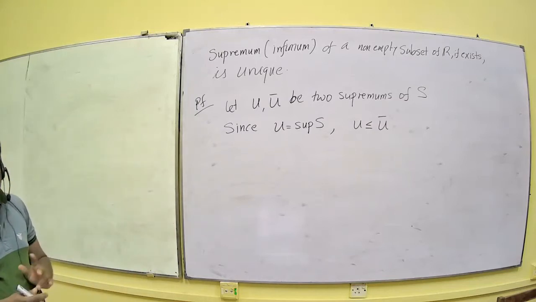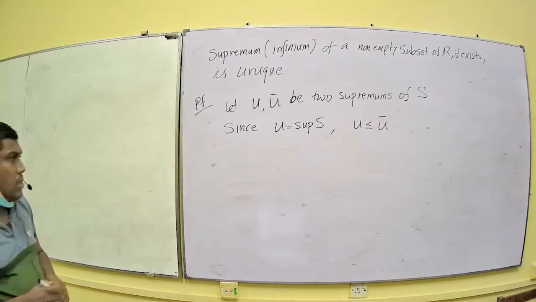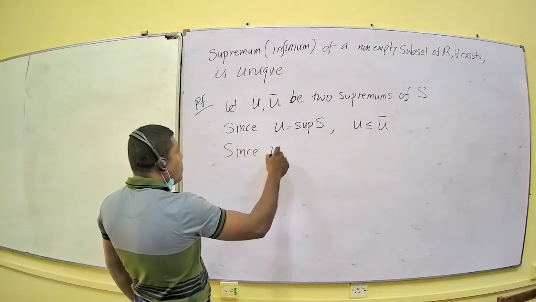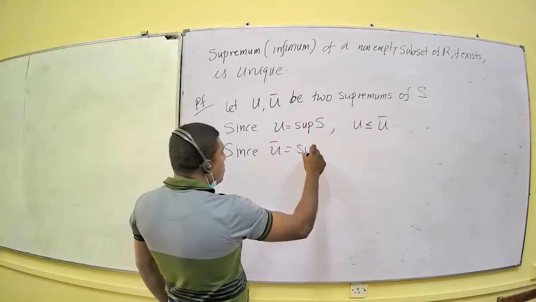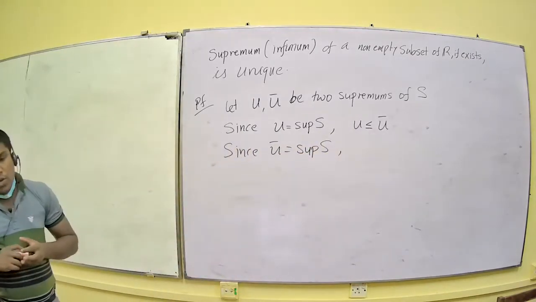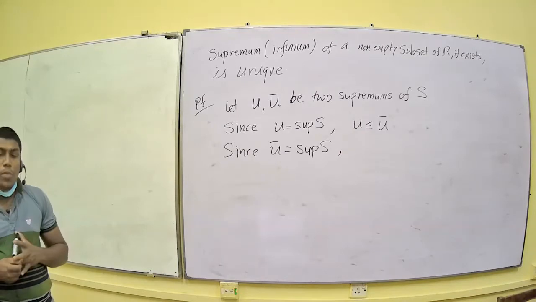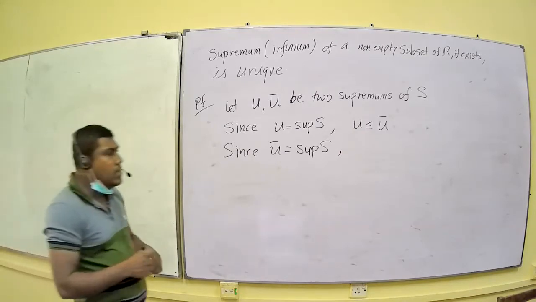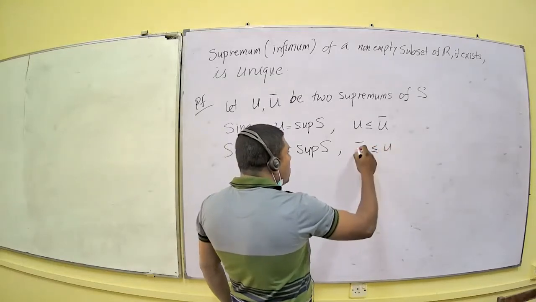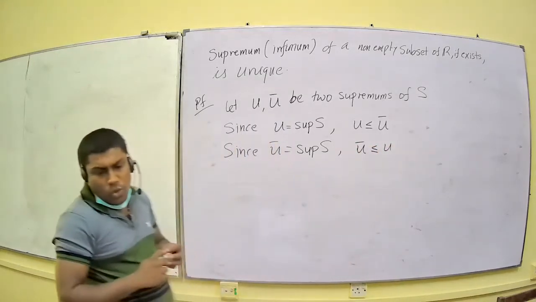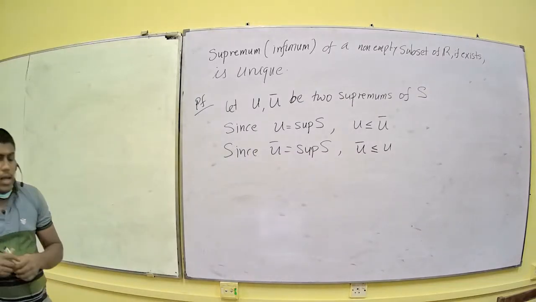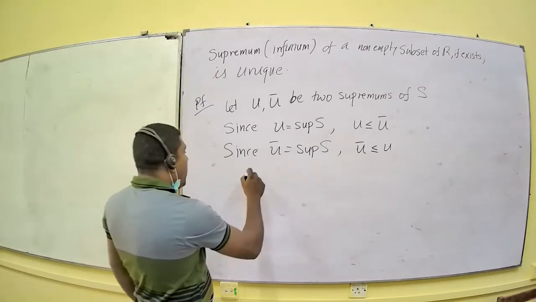So U should be less than or equal to U bar. Similarly, because U bar is also a supremum of S, it should be the smallest. So U bar should be less than or equal to U. This is only possible when U and U bar are equal.